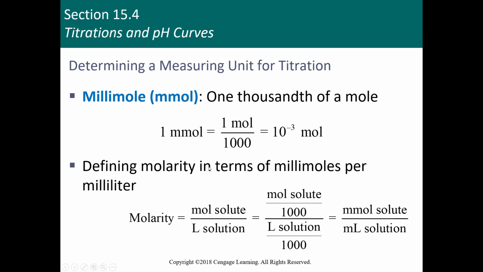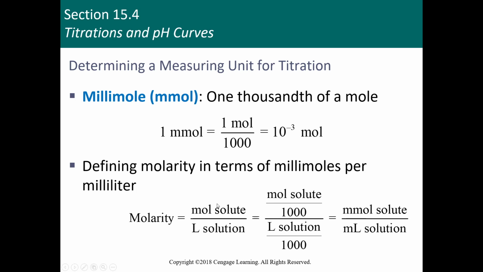Now, the reason this is very useful is you can define molarity, which is normally defined as moles per liter. Liters are fairly big, right? You don't want to have to dump 10, 20 liters into something, that would take a long time and a lot of effort. So instead, we can define molarity as millimoles per milliliter. If you put millimoles on top and milliliters on bottom, then you're going to have 1,000 in both the denominator and numerator, and that means these are the same thing.